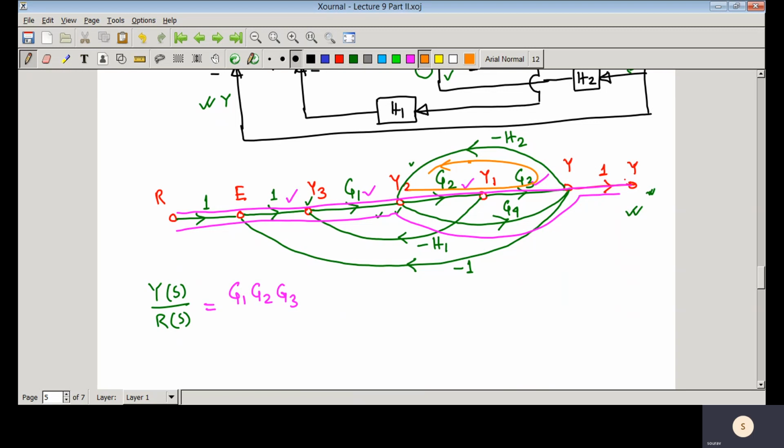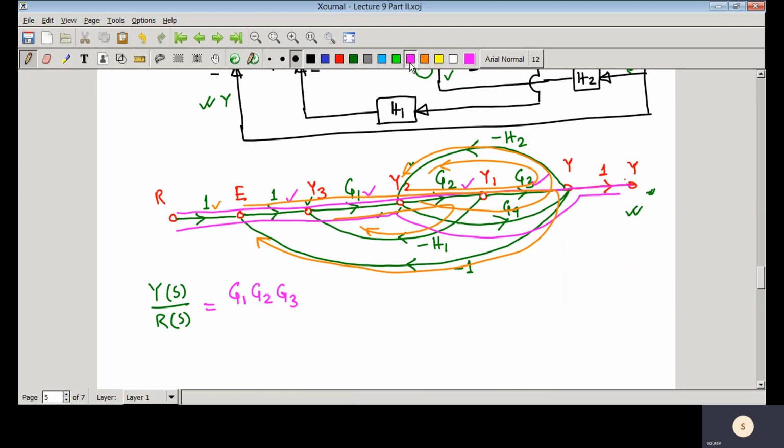Yes, you can see there is one more loop here, and another loop, this one. You can see that there is no loop which is a non-touching loop with respect to the forward path. So this is the first forward path, and its gain is G1 G2 G3.